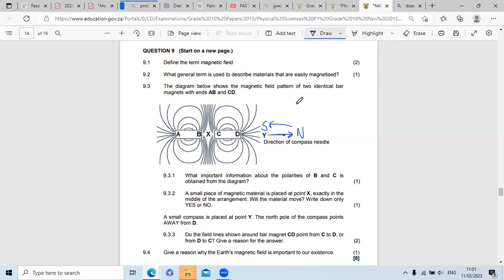So what can you say about the polarity of these two? Is it the same or is it different? Do they have the same poles, are they like, or are they unlike?